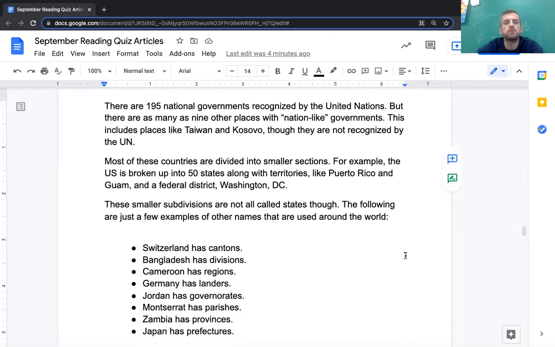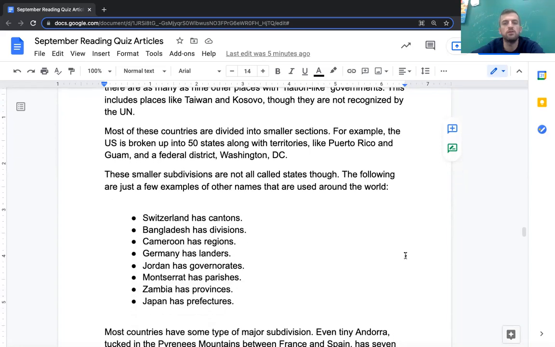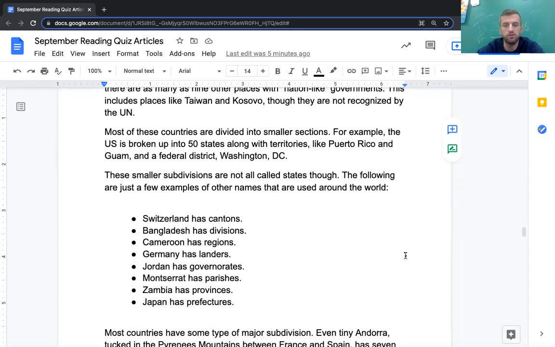Most of these countries are divided into smaller sections. For example, the United States is broken up into 50 states, along with territories like Puerto Rico and Guam, and a federal district, Washington, D.C. These smaller subdivisions are not all called states, though. The following are just a few examples of other names that are used around the world.